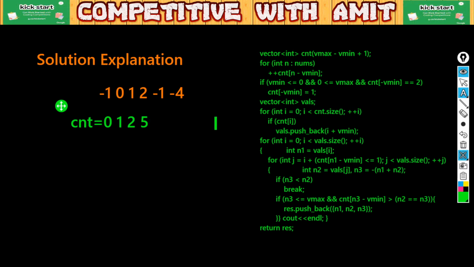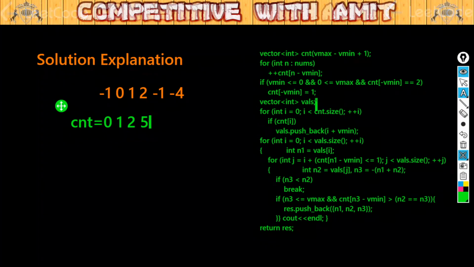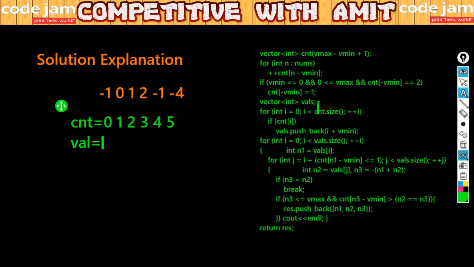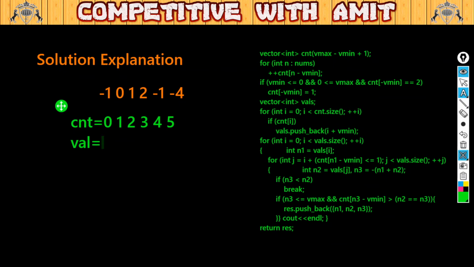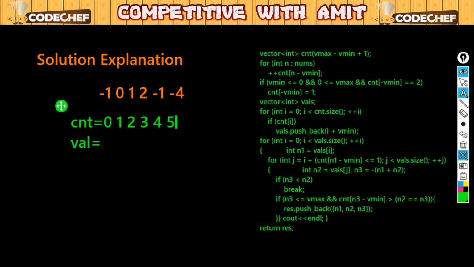Now after that, I have considered our second counter, or second array, which is vals. Our first array has indexes 3, 4 and 5, and now what will be the values of our temporary array? If the count indexes which we have previously created are the indexes, what will be their values?